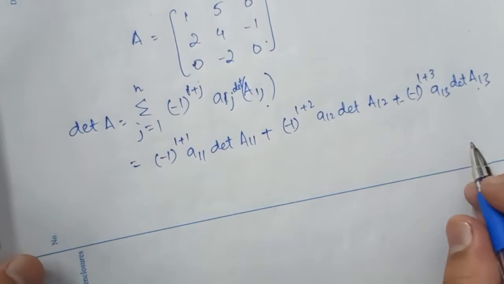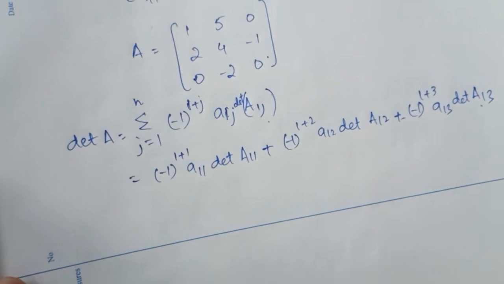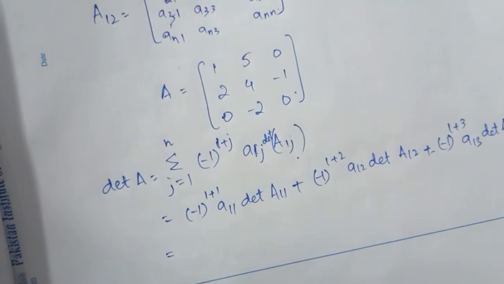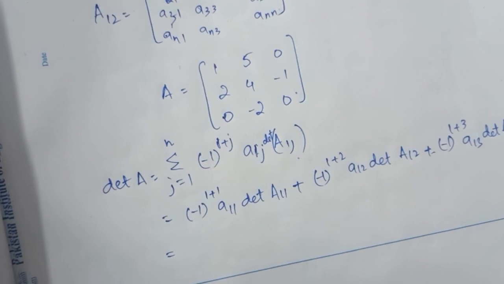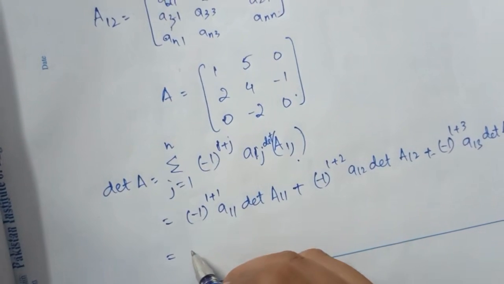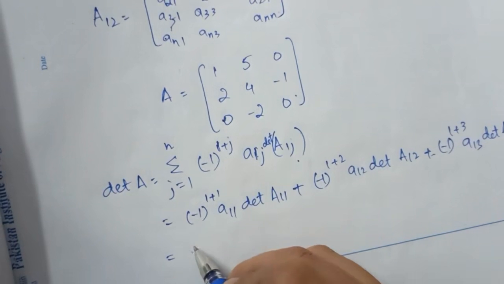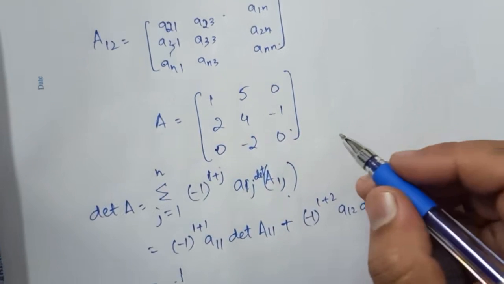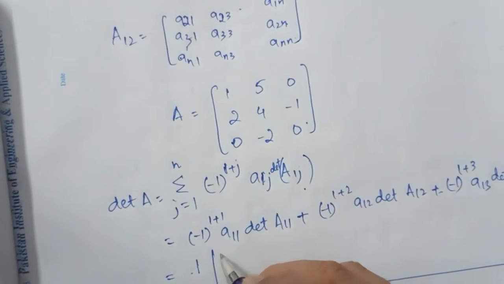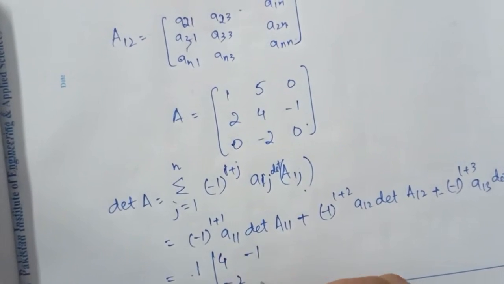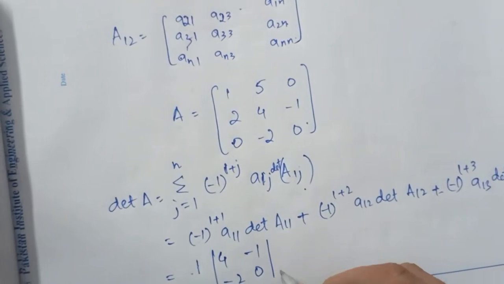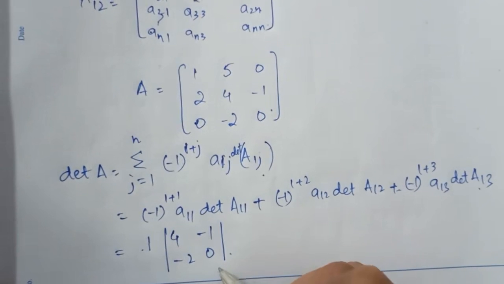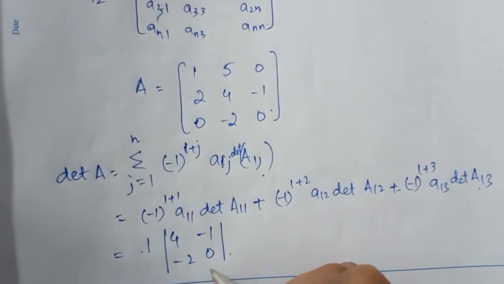Now the determinant of A can be written as: minus 1 squared is 1, so A11 here is 1, times the determinant of 4, minus 1; minus 2, 0. You can use these kinds of symbols to illustrate that you are taking the determinant of that matrix.